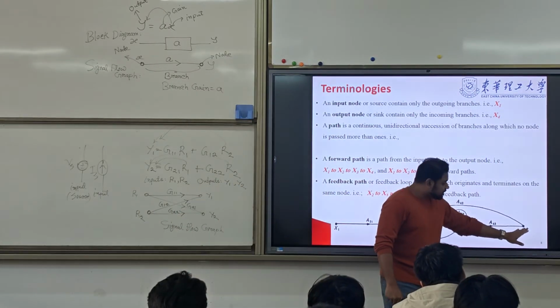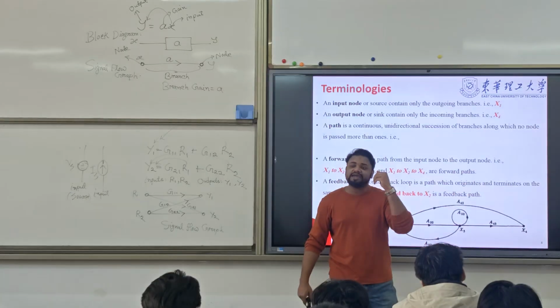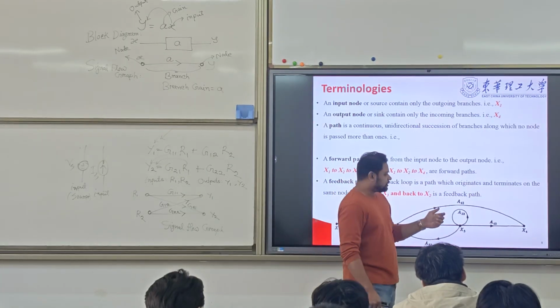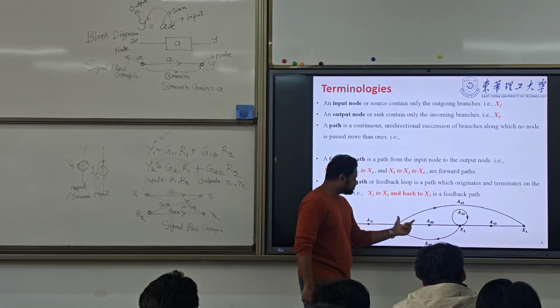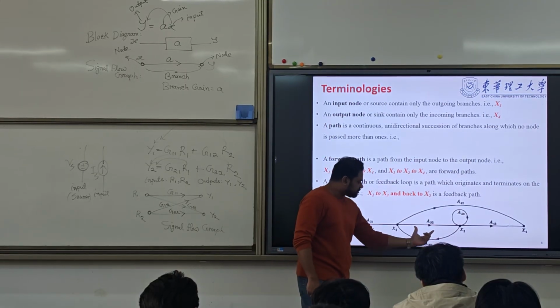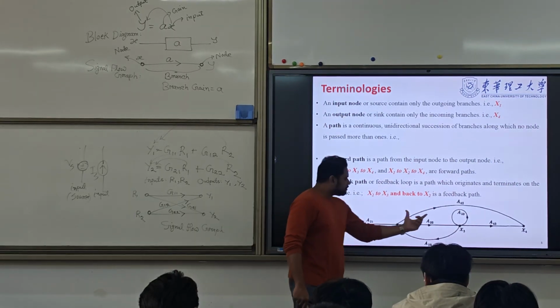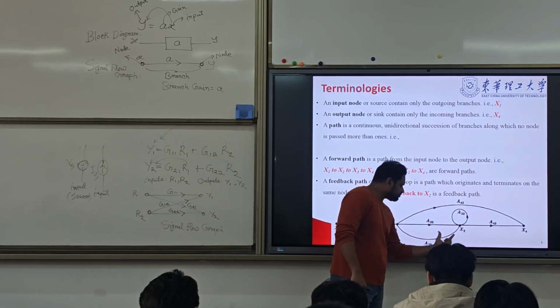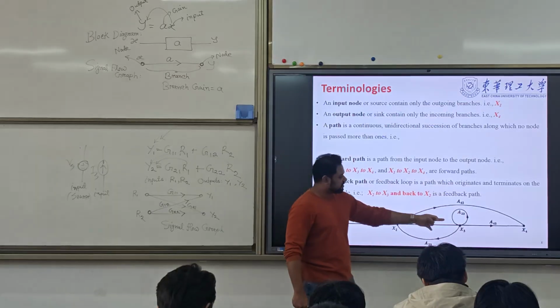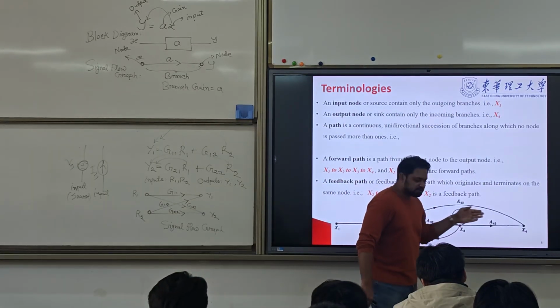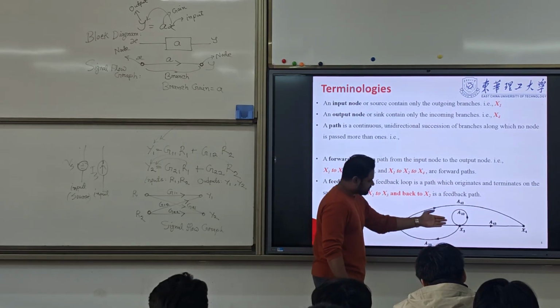The final output node contains all the incoming branches. What are the branches? Two nodes make a branch. So here, all the branches, look at this, two nodes, two nodes. All are the incoming branches.